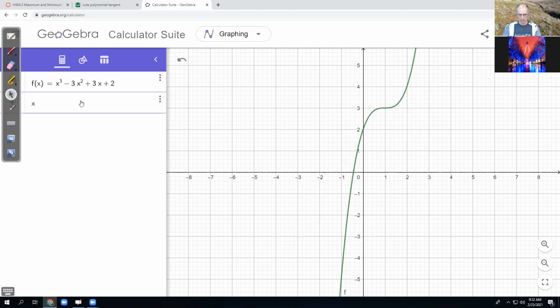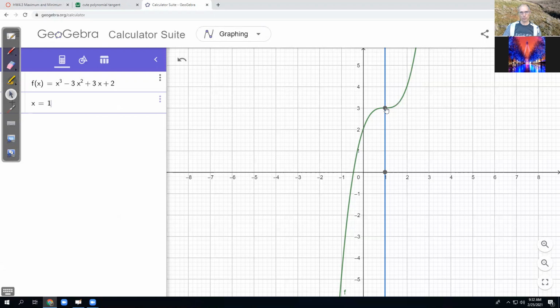We discovered that x equals 1 is a critical value. So I have that point right there. And it looks like the function increases into it and then increases out of it. So it looks like the slopes on the left are always positive, and the slopes on the right are always positive, but right in the middle, we have that 0 slope there.